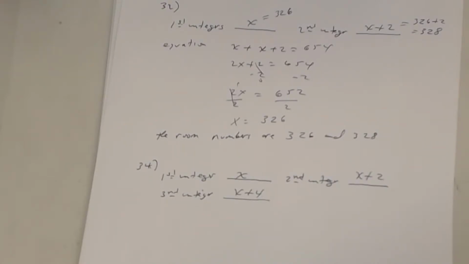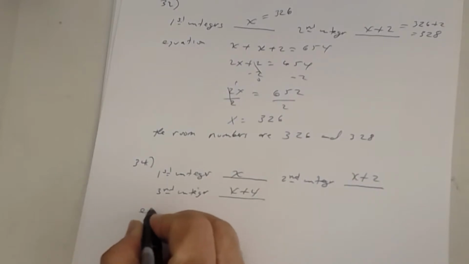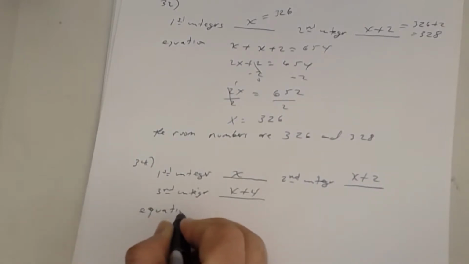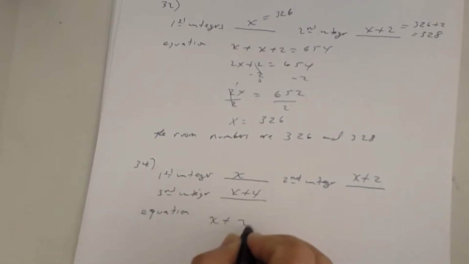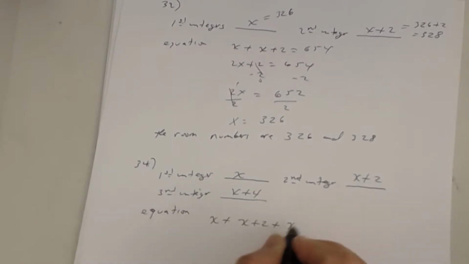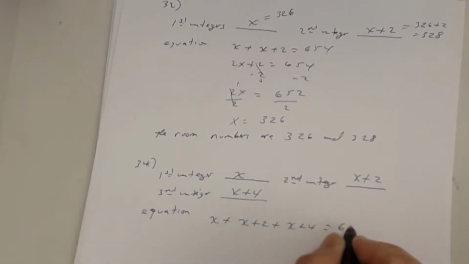What's going to be the equation? And now don't combine them yet, just tell me what the equation is. So you're going to say the first integer plus the second integer plus the third integer has to add up to be what? 51. So your equation, x plus x plus 2 plus x plus 4 has to be 51.